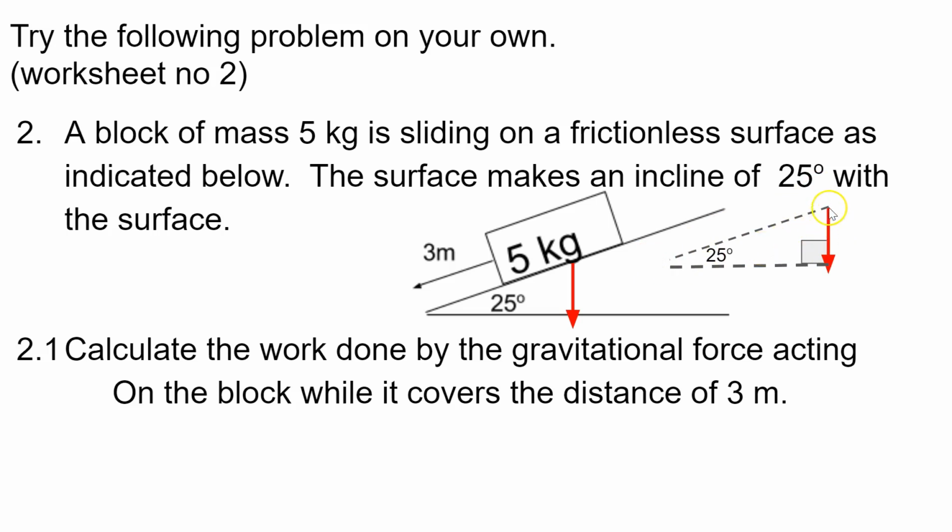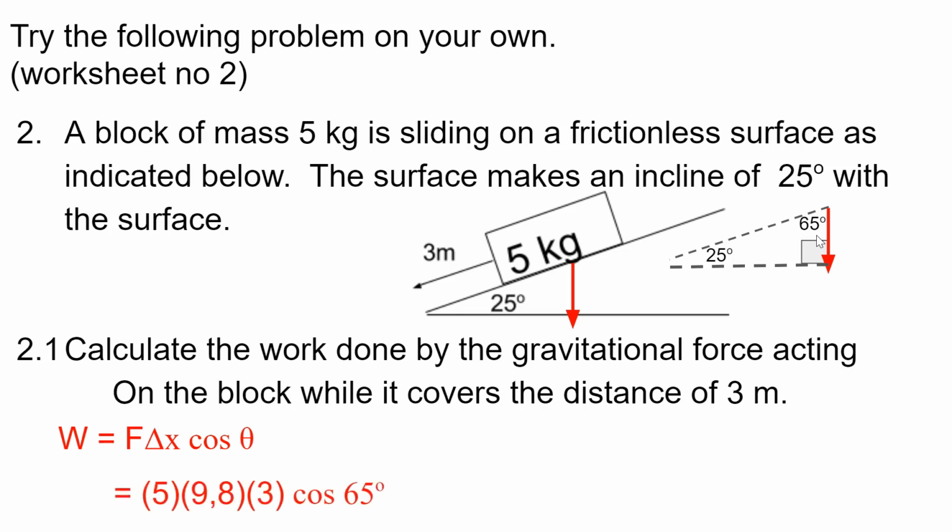So in order to get the angle between the gravitational force and the direction that this object is moving, which is this angle here, I can use trigonometry and say 180 minus 90 is 90 degrees, minus 25 will give me 65 degrees, which is that angle. So now I can plug all these values into my formula.